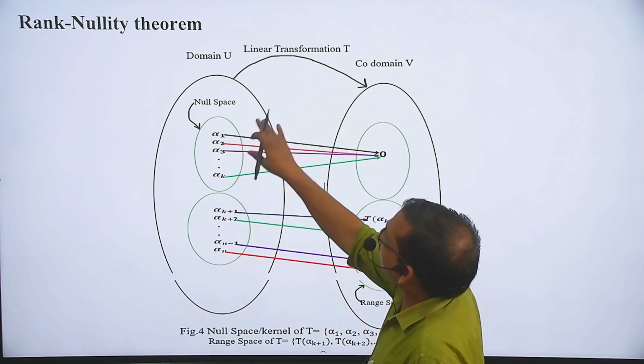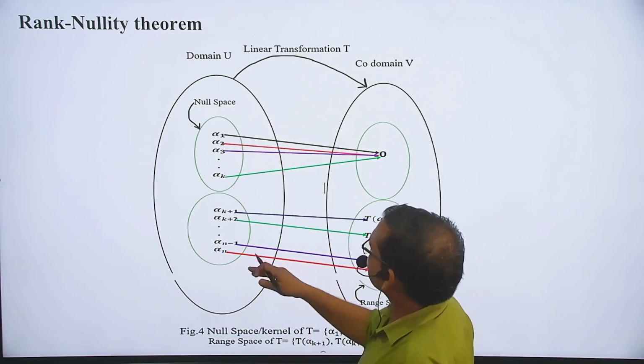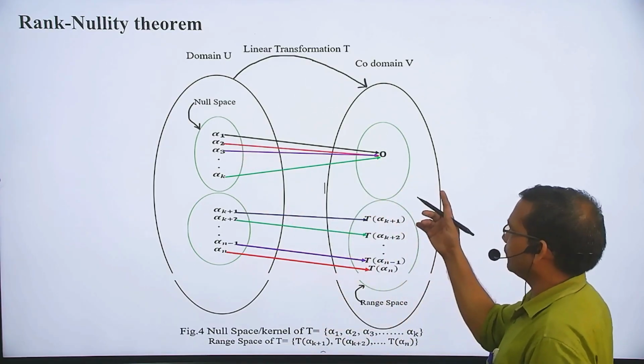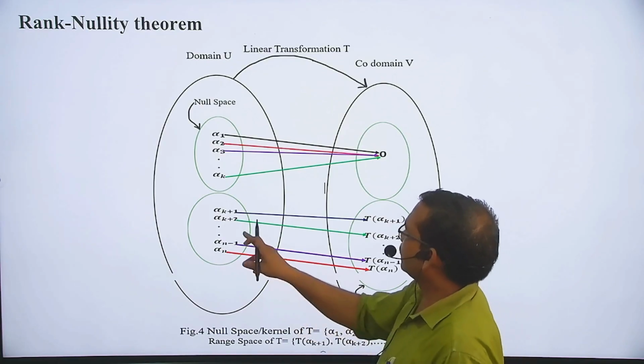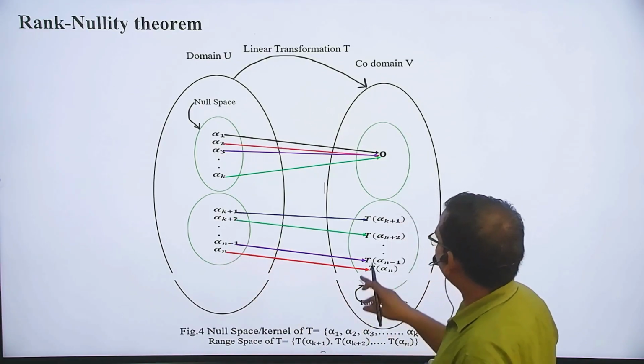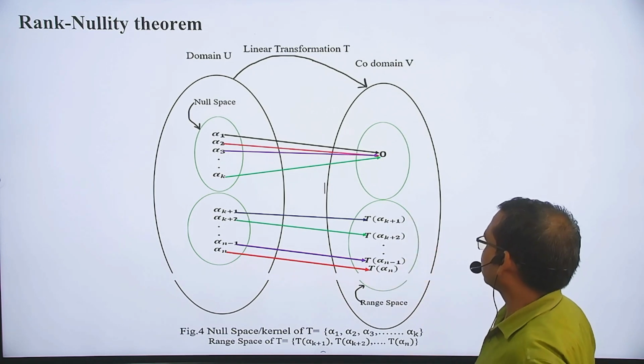Total elements are vectors in the domain U, which is n. In n, elements 1 to k have image 0, but elements from k plus 1 to n have some images in the codomain.